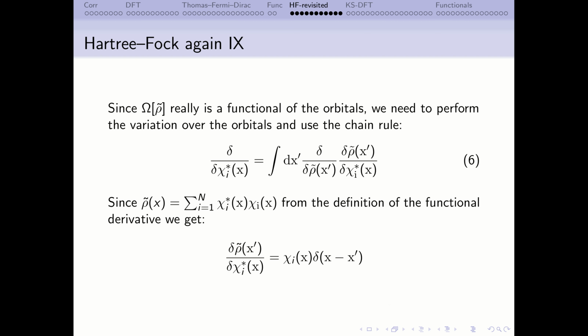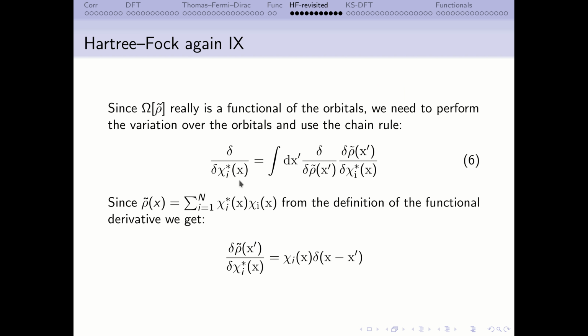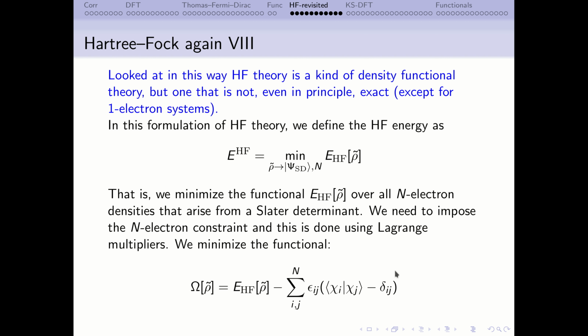What we want to do is to take the functional derivative of the omega functional down here. So I want to take delta omega with respect to chi i star of x and set that to 0. That's what we are after. Now in order to do this, we need to, of course, differentiate each term under this expression.